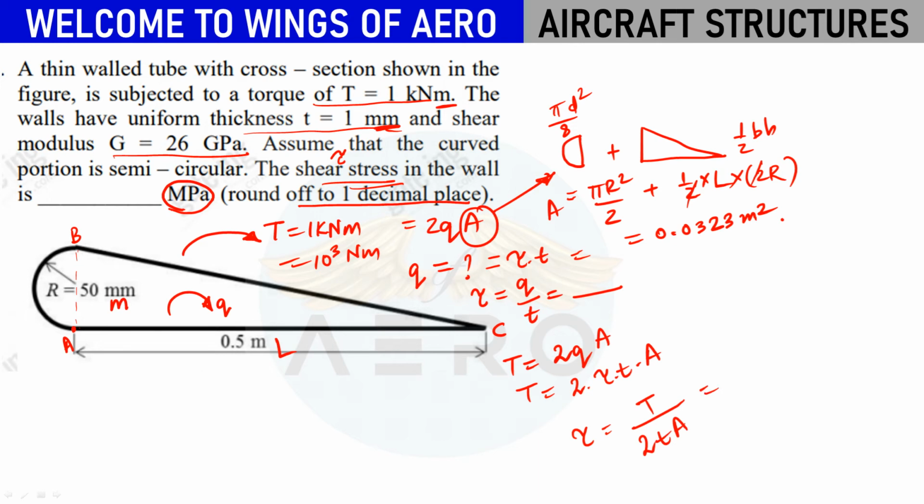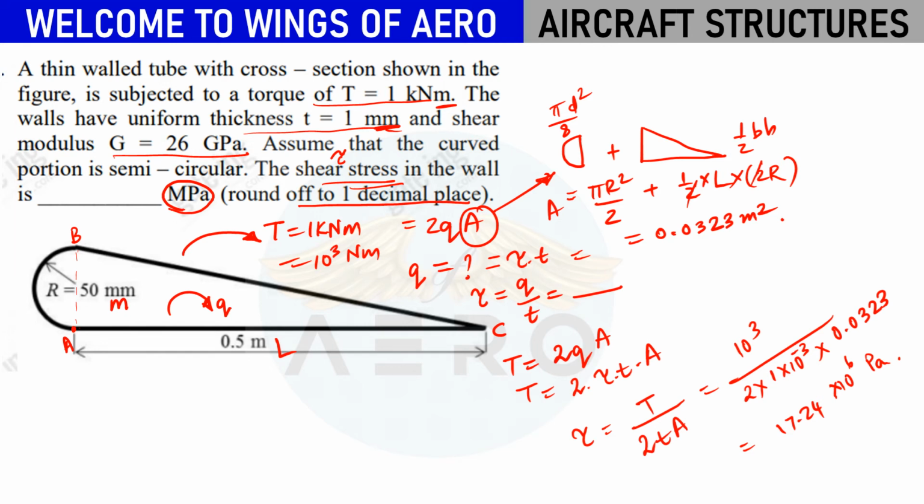Now substituting the values, T value 1 into 10 power 3 divided by 2 into thickness, which we have 1 into 10 power minus 3, area becomes 0.0323, right? Solve this and you will get something like 17.24 into 10 power 6 Pascal.